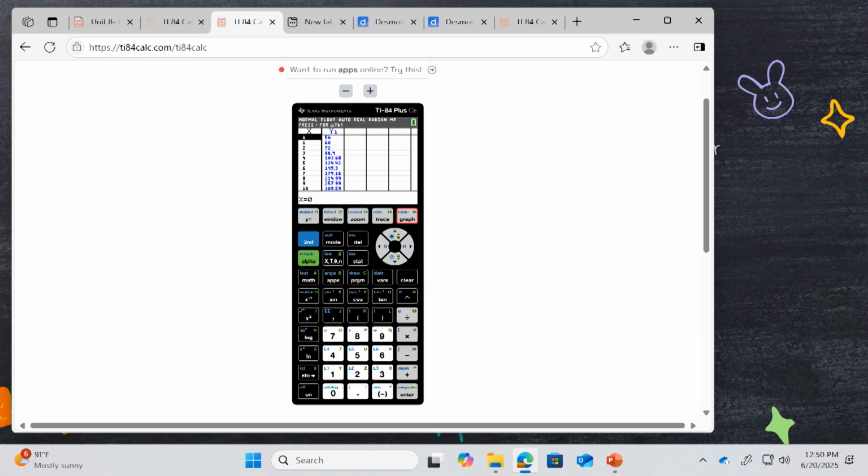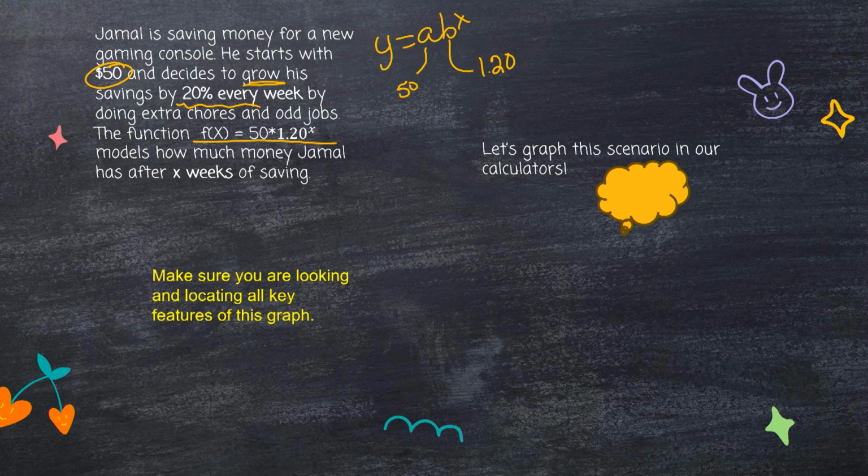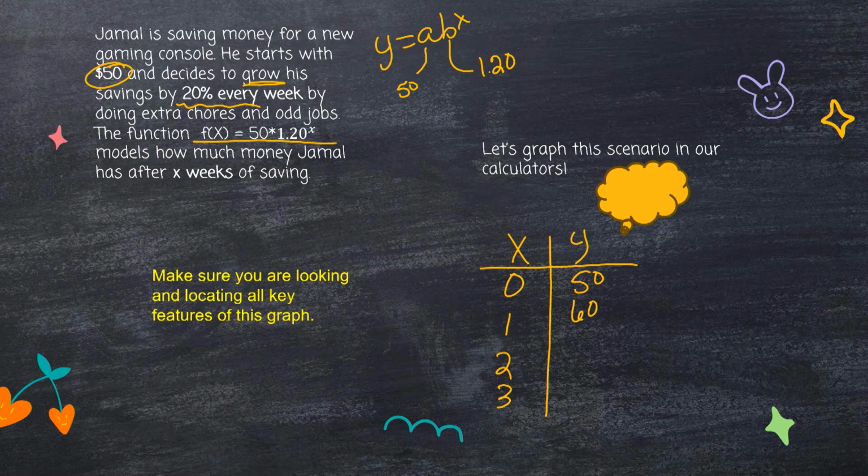So now that I have yet another way to pull this information, let's see what our questions are asking. For my x and my y, I had 0, 1, 2, and 3. Let's just put those. So I had 50, and then when I multiplied by my common ratio, I had 60. Then I multiplied by that common ratio and got 72, and got 86.40.